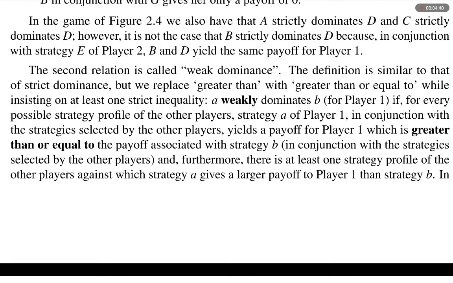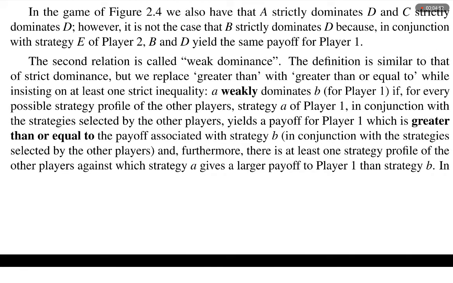A weakly dominates B for player 1 if, for every possible strategy profile of the other players, strategy A of player 1 in conjunction with the strategies selected by the other players yields a payoff for player 1 which is greater than or equal to the payoff associated with strategy B in conjunction with the strategies selected by the other players.